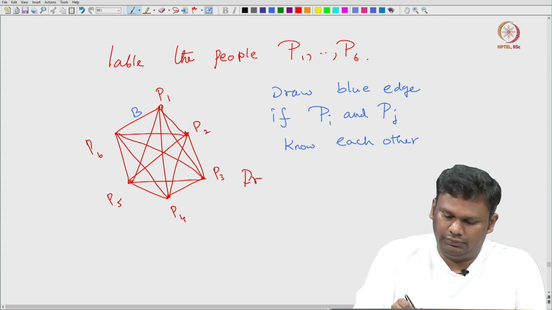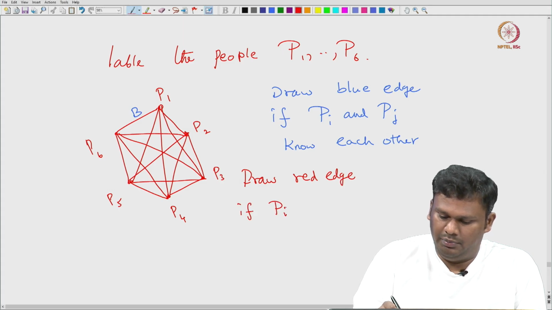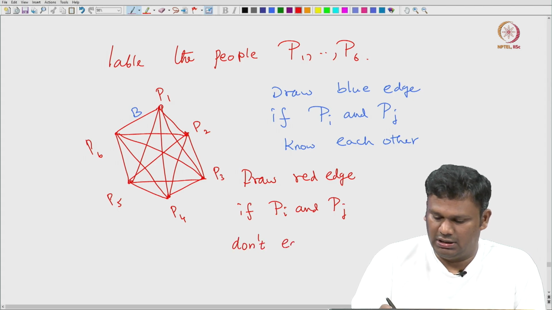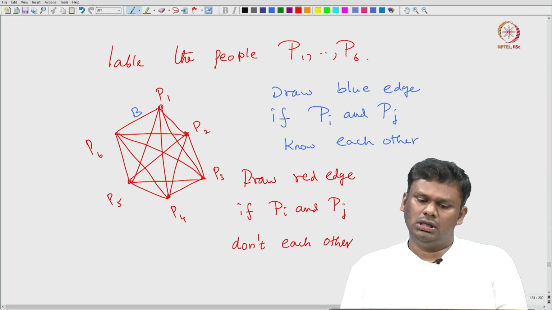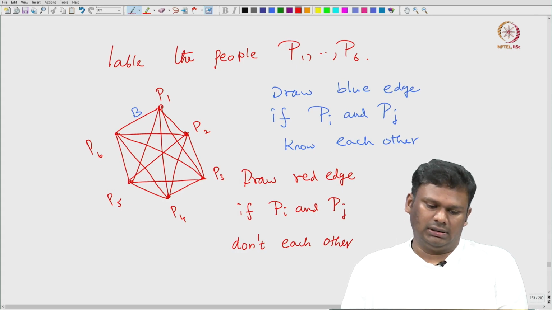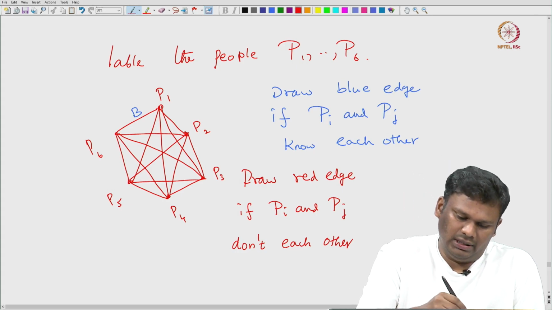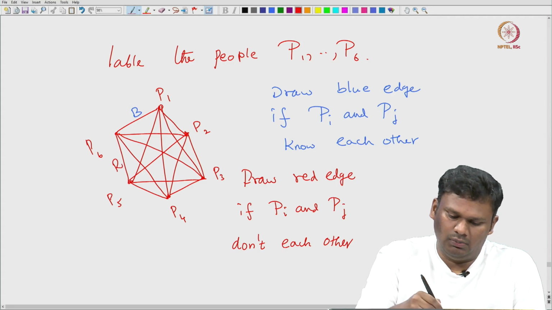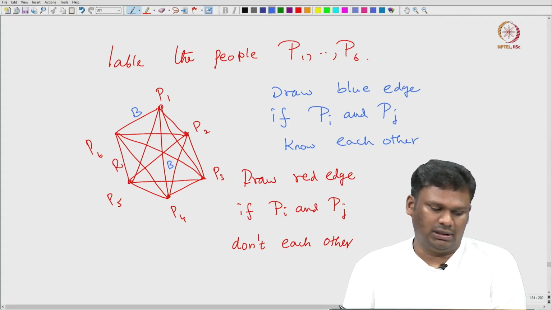So, draw red edge if Pi and Pj do not know each other. Okay. So, this is what we are doing. So, that means I am going to label like red, blue, like that. Okay. This is some random labeling that I am doing.